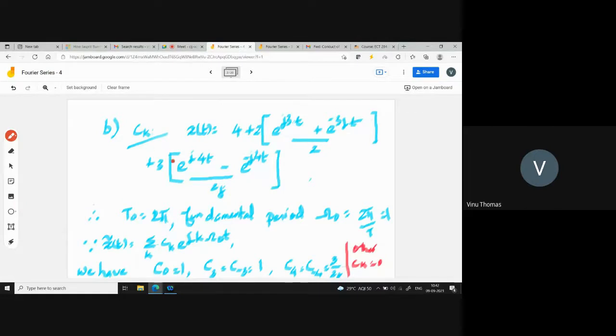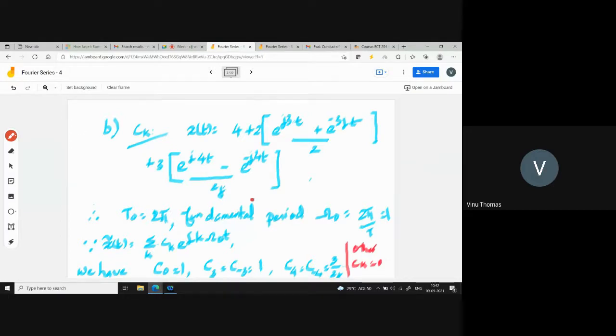Okay, so Ck you can write as follows. In order to find the exponential Fourier series, I will just expand the cosine and the sine terms in terms of complex exponentials. So x of t becomes 4 plus 2 times (e raised to j 3t plus e raised to minus j 3t) by 2 plus 3 times (e raised to j 4t minus e raised to minus j 4t) by 2j.